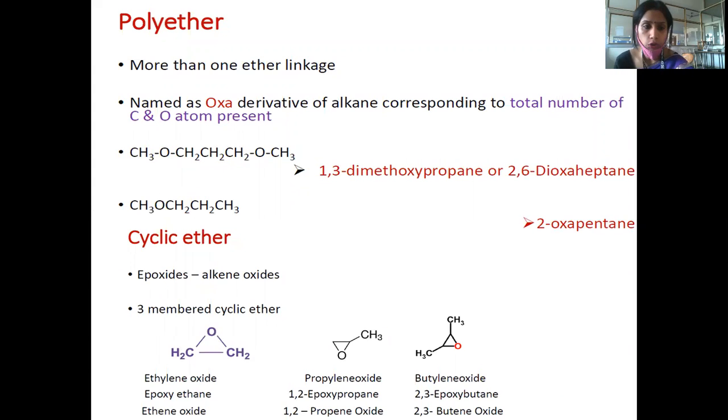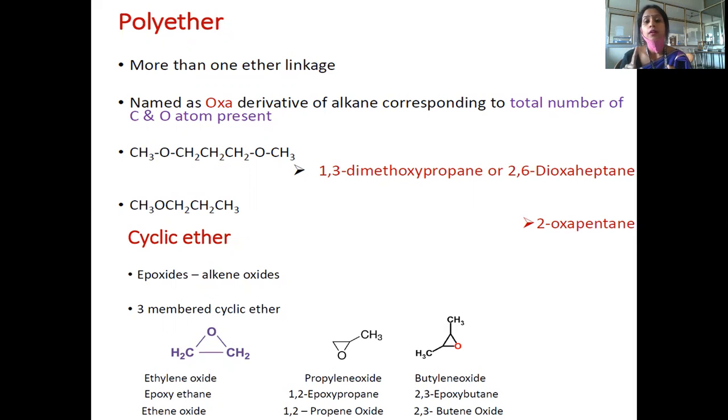Then there are polyethers also. Polyethers means when they have two or more ether groups or ether linkages. They are called oxa derivatives. While naming them, we have to remember that when we name the whole molecule, we give the name corresponding to the total number of carbon and oxygen atoms. For example, in the first example there are 1, 2, 3, 4, 5 carbons plus 2 oxygens, so 7.